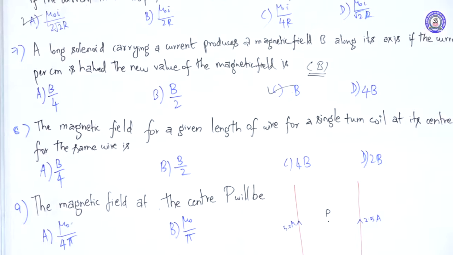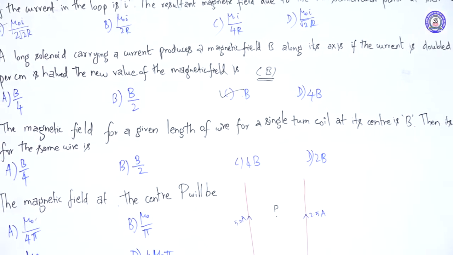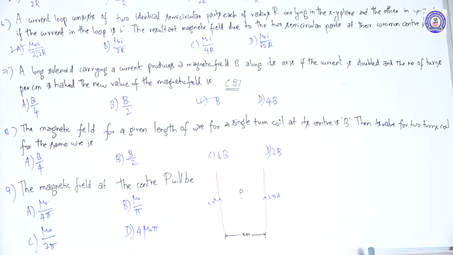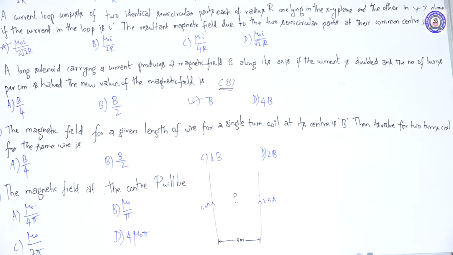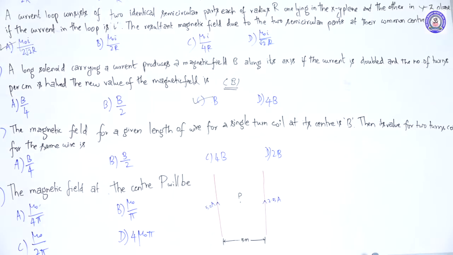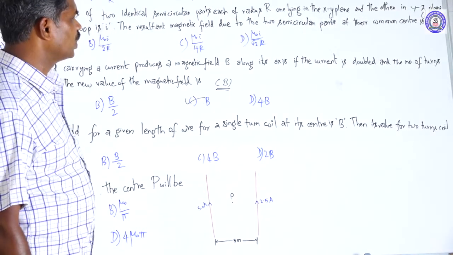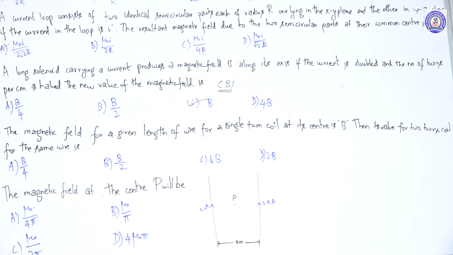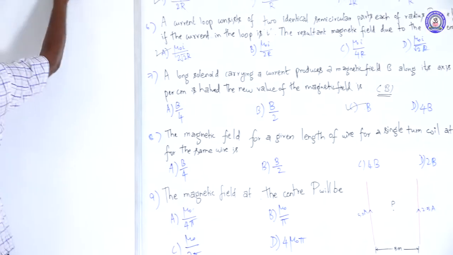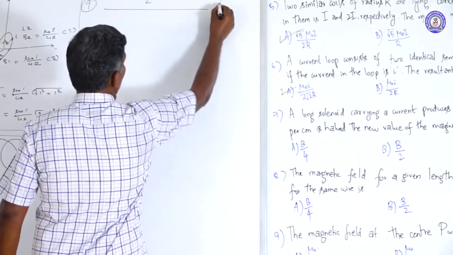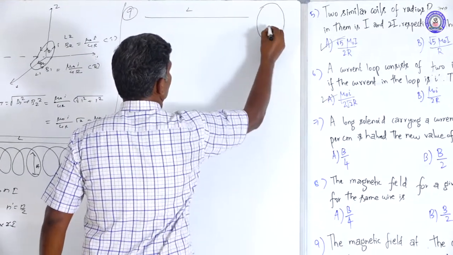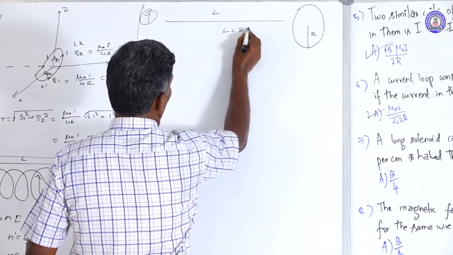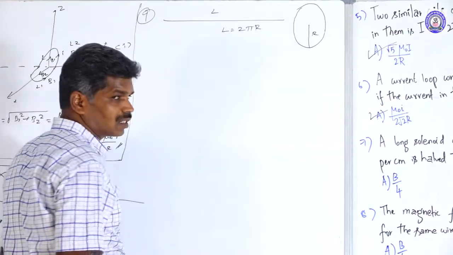Okay. Next, eighth one. The magnetic field for a given length of wire, for a single turn at its center, is B. Then what is its value for a two-turn coil of the same length? For example, we take a wire of length L. If you form a single circle, it has a radius r. Then L is equal to 2 pi r, the perimeter of that circle.